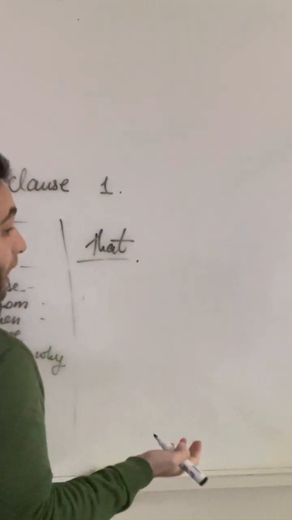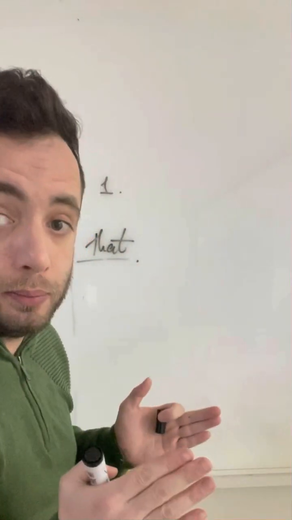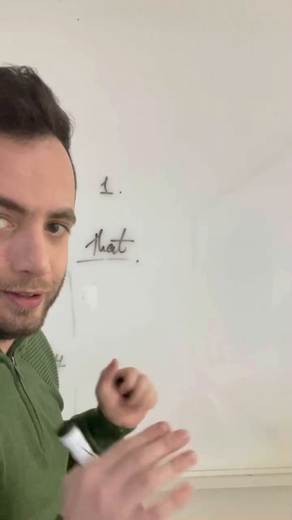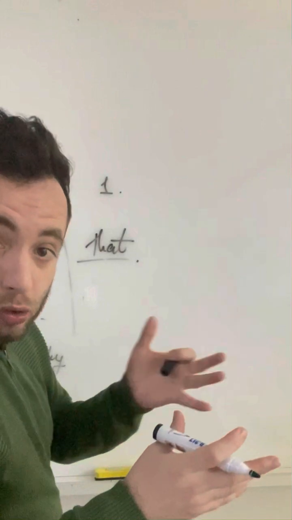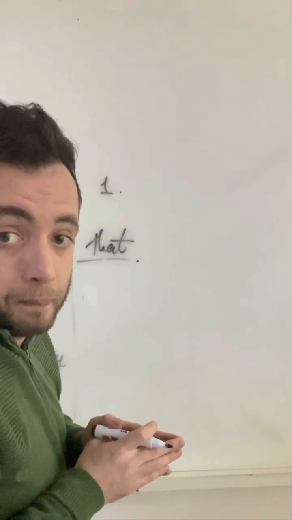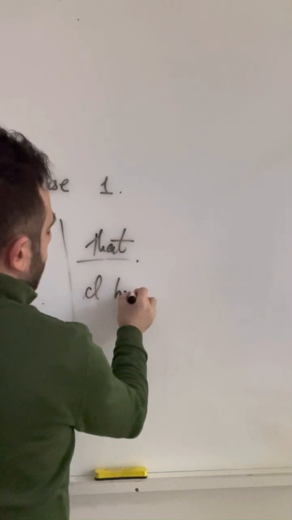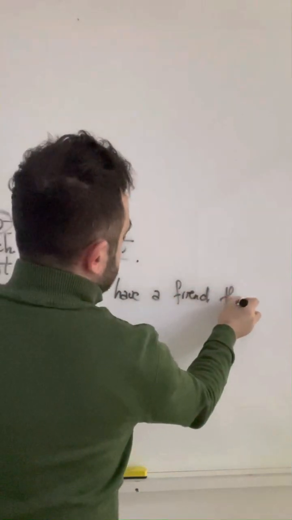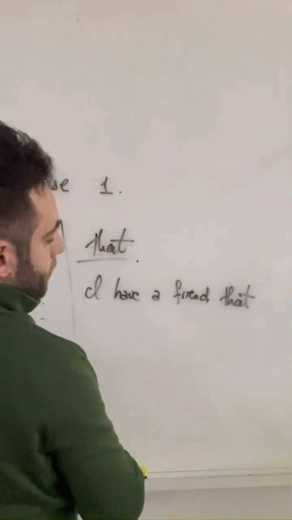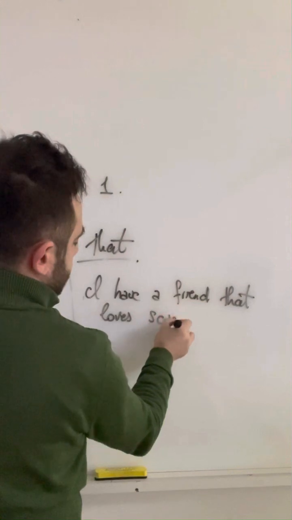So we can replace who or which with that. So simple, so professional. And wherever you see who or which in the sentence, you can just write that. So I have a friend, let's write the previous sentence, that loves science.